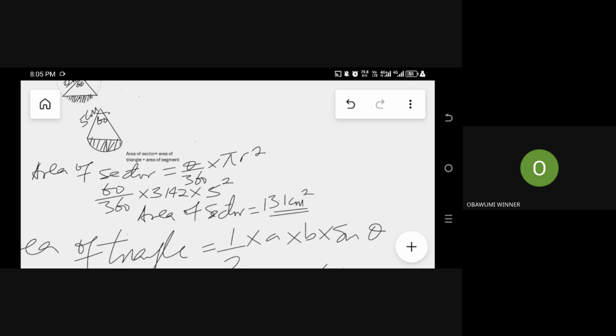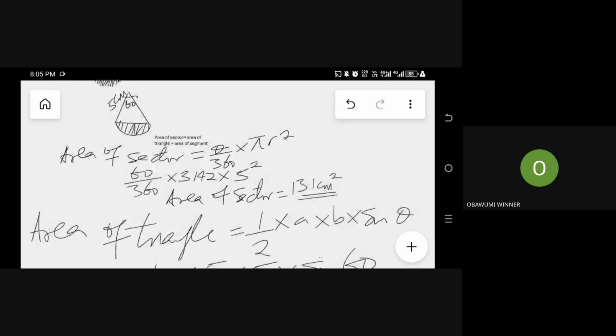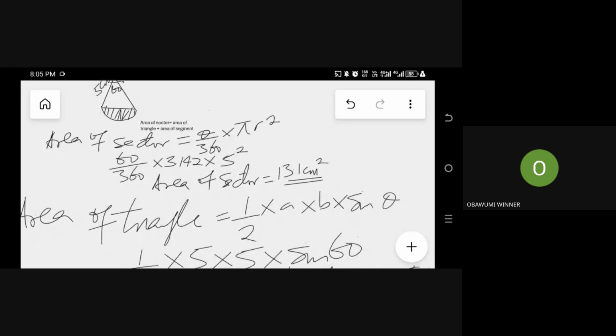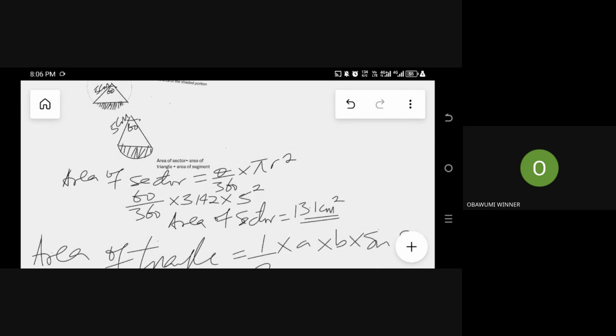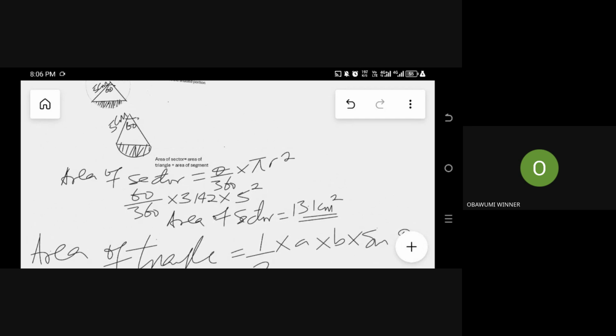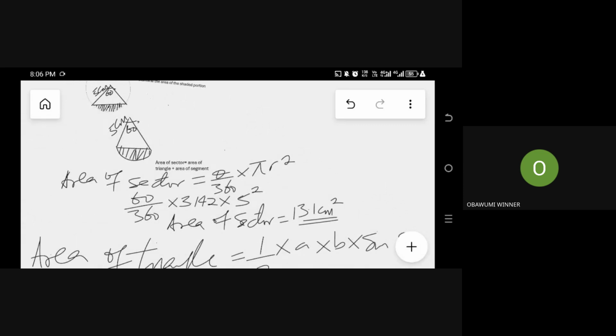So to get the value for the bottom, you now have to say overall area of the shape, which is the area of the sector, 13.1, minus the area of the triangle, 10.8. Whatever is remaining is the area of the shaded portion.